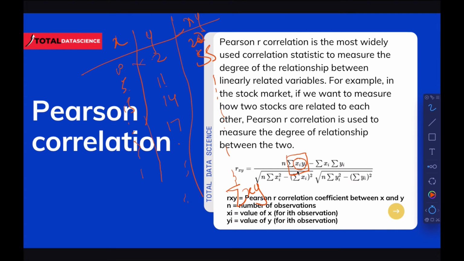That's what you can see over here, and then the total number of points that you have. Maybe in this case the total number of points is, say, 1,000, and that 1,000 is represented here. Then you find the sum of x, and the sum of y, which is represented here.